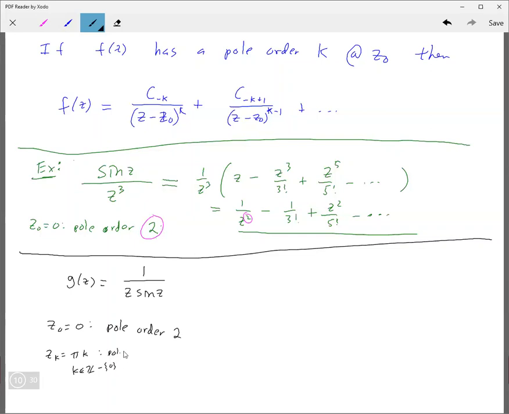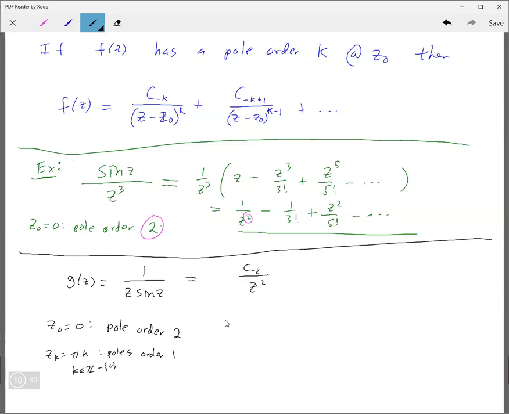These are going to be poles of order 1, or simple poles.